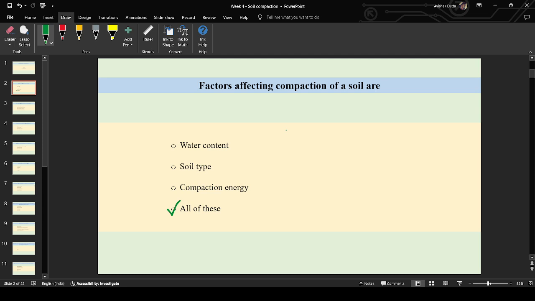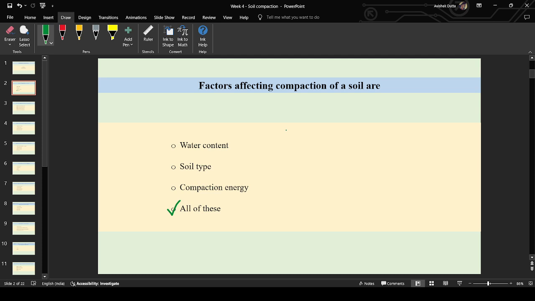If a soil is well graded, granular, or cohesive, that might change the degree of compaction with the same moisture content, with the same compaction energy. For example, a well graded soil having particles of all sizes will have very good interlocking properties, that will achieve a much better compaction. So soil type is also a factor affecting compaction.